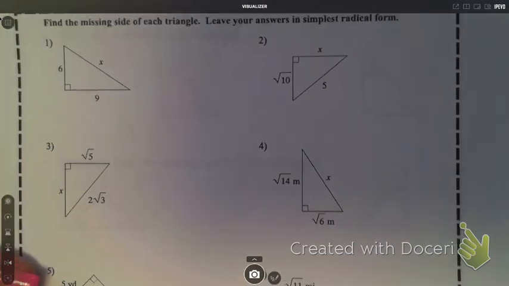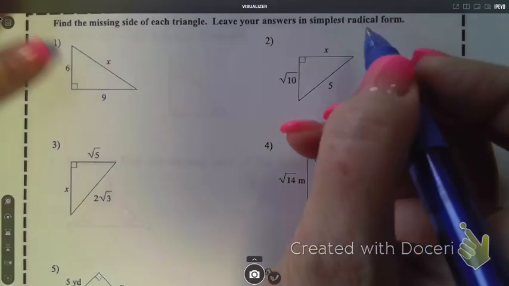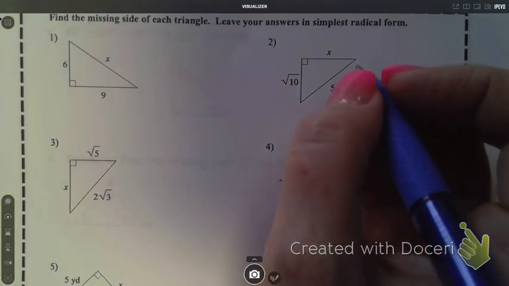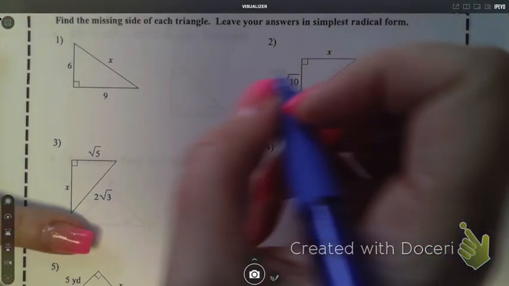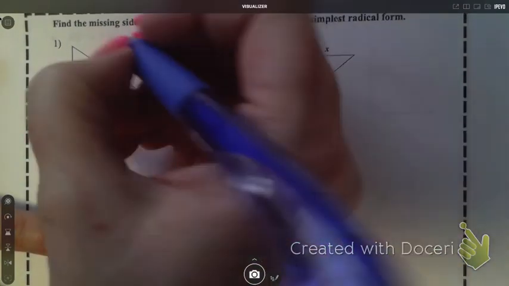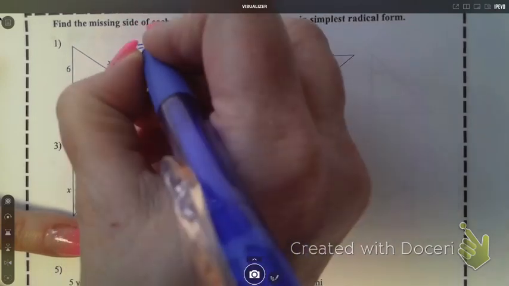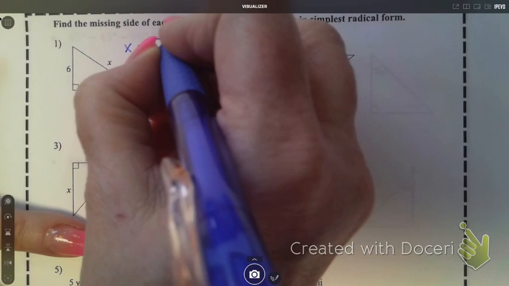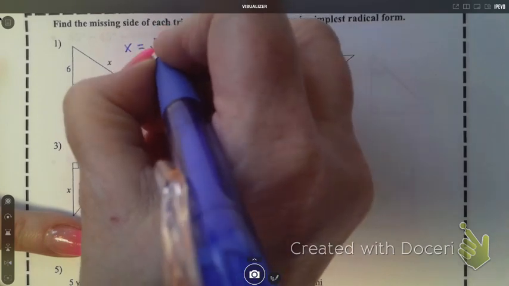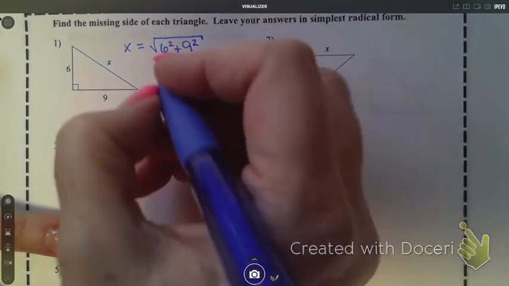Okay. So, leave your answer in simplest radical form. You start giving me decimals, I know it's just a no. Okay? Leg or hypotenuse? Hypotenuse. Okay. So, am I going to add or subtract them? Add. So, x equals the square root of 6 squared plus 9 squared.